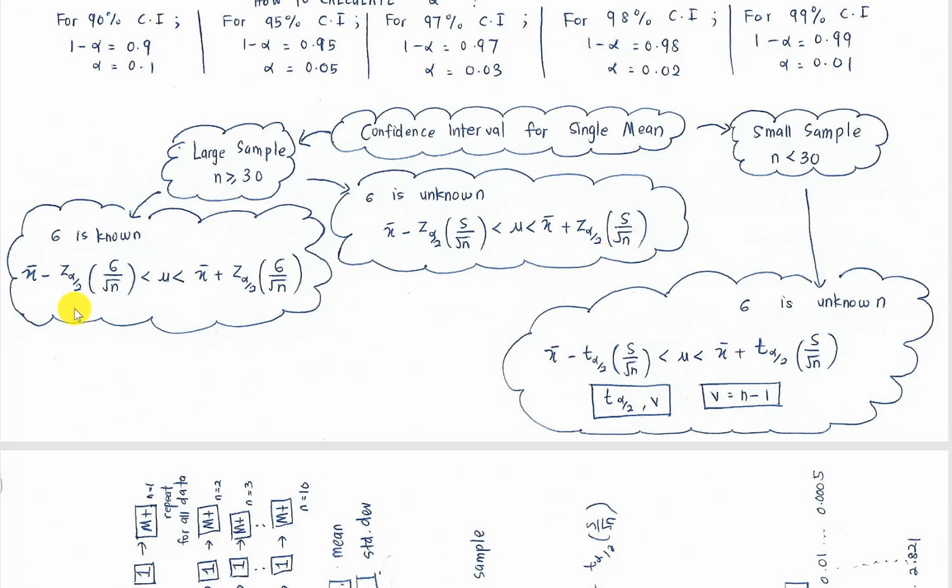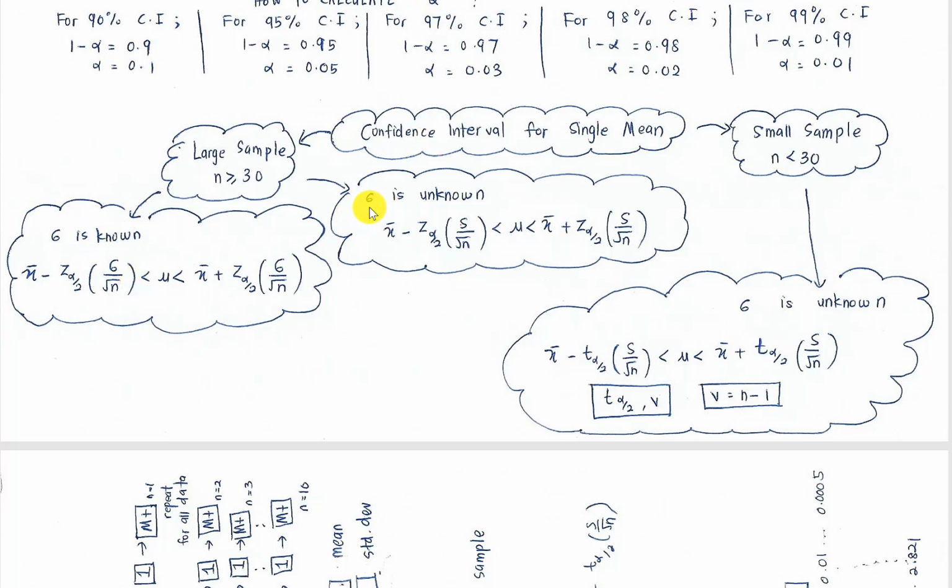Now what is the difference? This one is standard deviation, this one is standard deviation, this one is also standard deviation, but this one is S. The difference is that the standard deviation for the population is sigma. The standard deviation of the sample is S. When the standard deviation of the population is known, you use this formula.